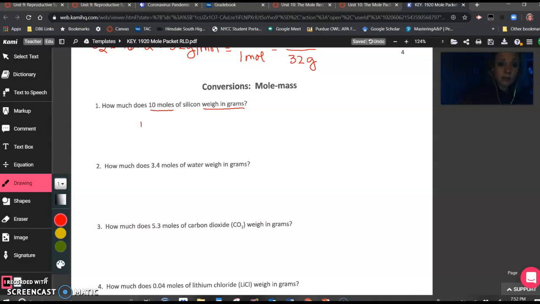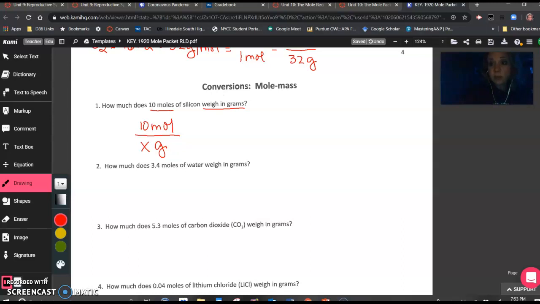So I'm going to put 10 moles over X grams. This is all of the information that I'm given right here in the problem. And look, I just put 10 moles on top because that was the very first thing that I came across when I was reading the problem.